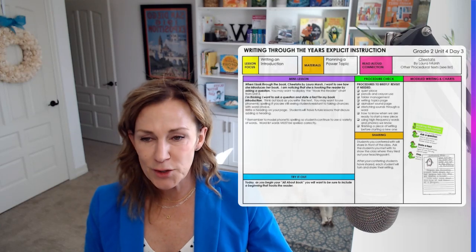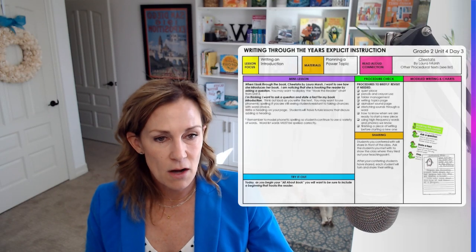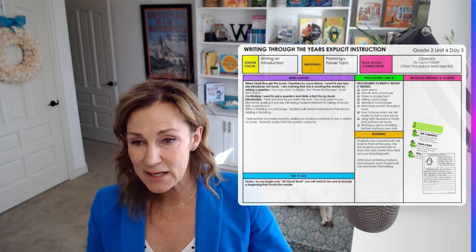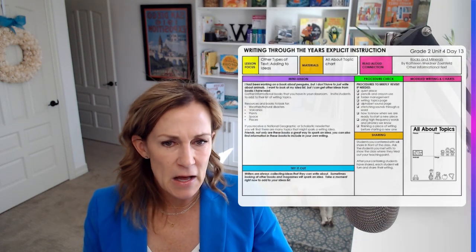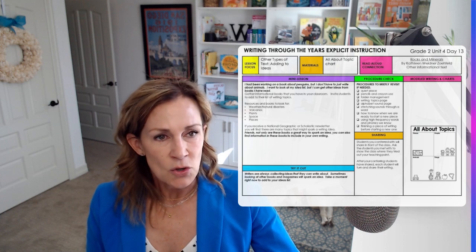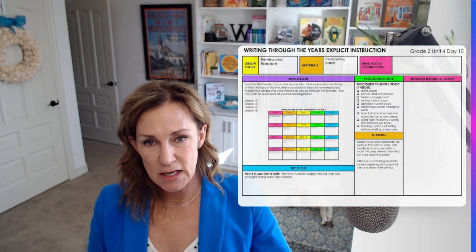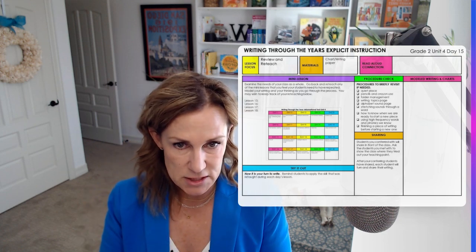What else do I want to tell you? We have some lead sentences. And then we're going to also be working on ways to end it well. Again, if we get stuck, we can go back to our all about topics. Remember, we have lessons 15, 16, 17, 18 to go back and do some reteaching.